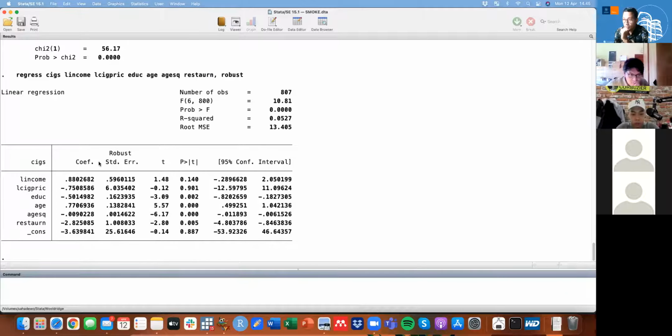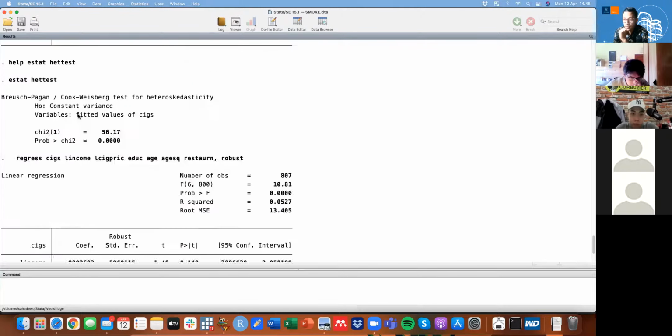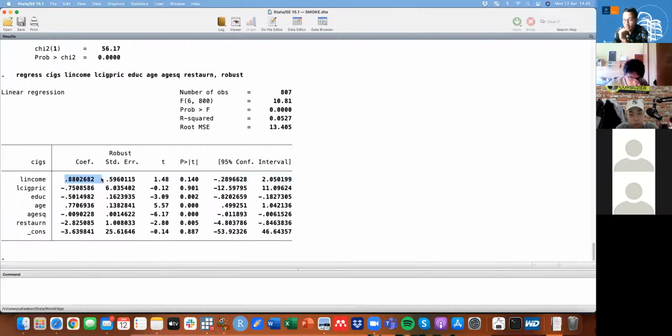Previously the estimated coefficient was 0.8802. With the robust option, it doesn't change. Again, heteroskedasticity robust standard error only affects your estimated standard error. It doesn't affect your estimated coefficient.